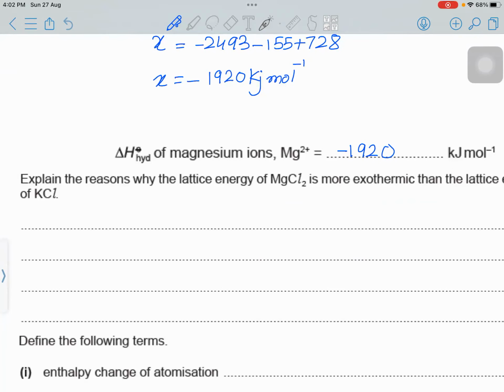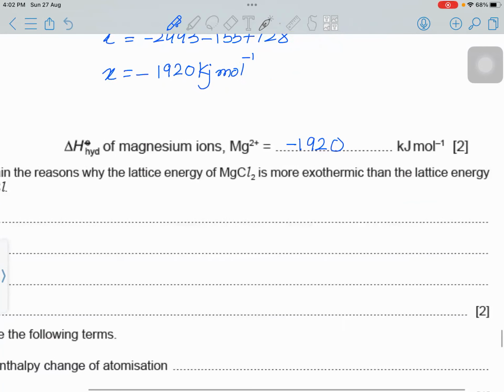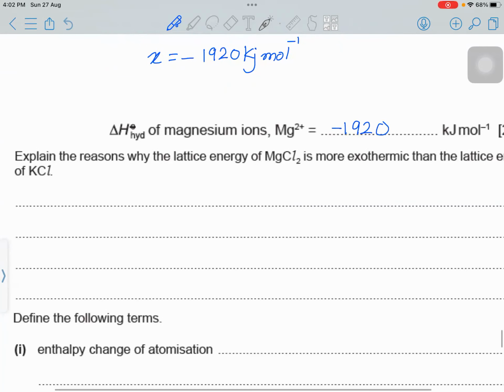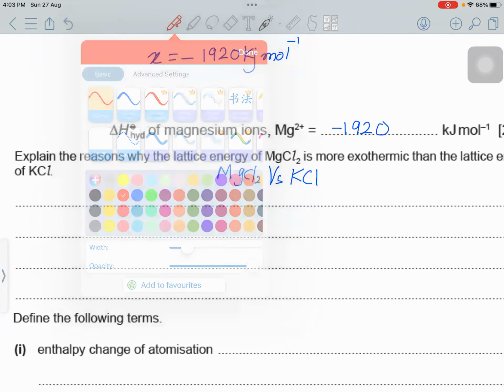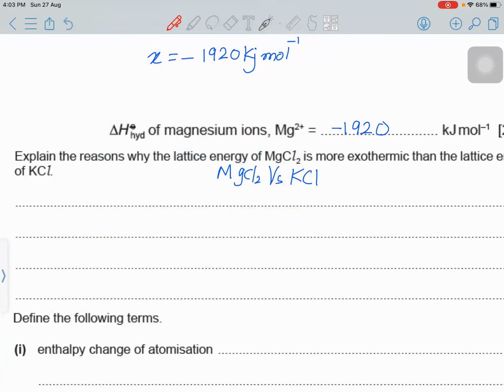Now explain the reason why lattice energy of MgCl2 is more exothermic than KCl. So here we have MgCl2, here we have KCl. Which element is cancelled out? Chlorine is cancelled out. So now you have magnesium plus 2 and K plus. You know that lattice energy is directly proportional to charge. So which one has more charge?